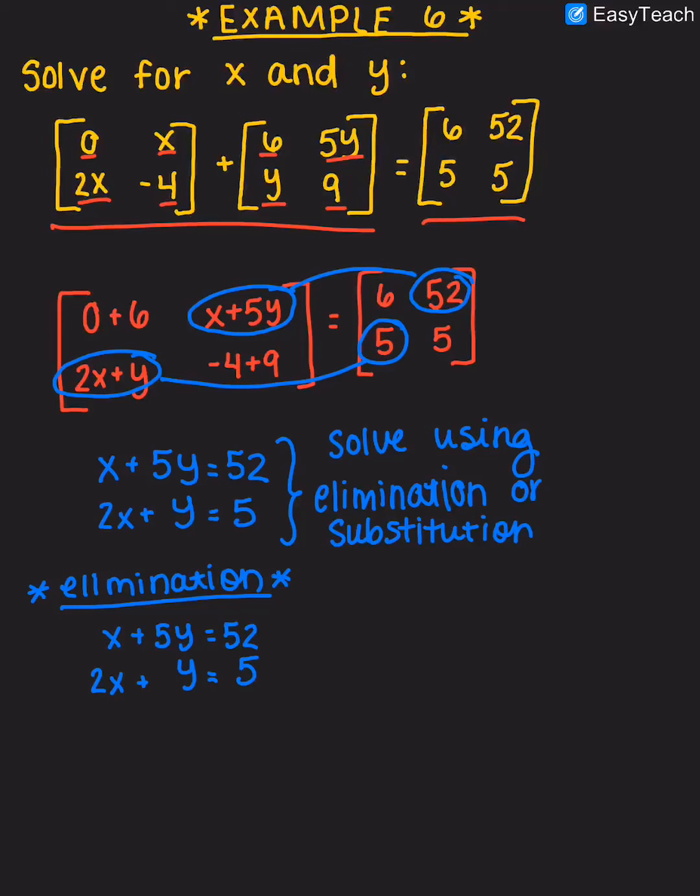I'm just going to go ahead and choose to eliminate the x's just because I know that if I multiply everything in the first row by negative 2, because I need the signs to be different, the x's will cancel. Okay, so if I make the first row into negative 2x minus 10y equals negative 104, then I'm just going to copy over that bottom row.